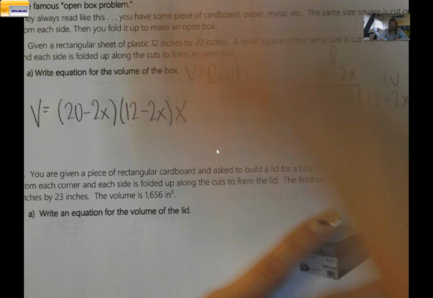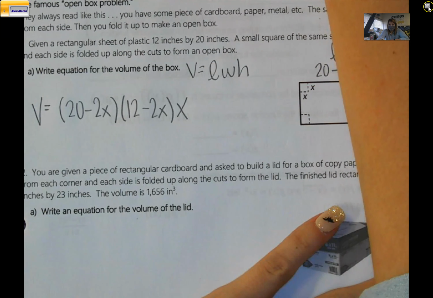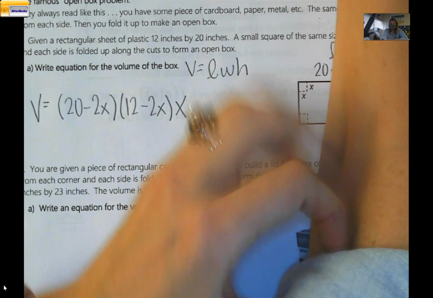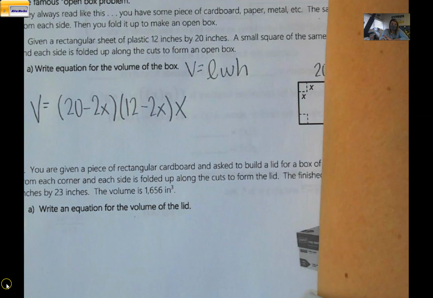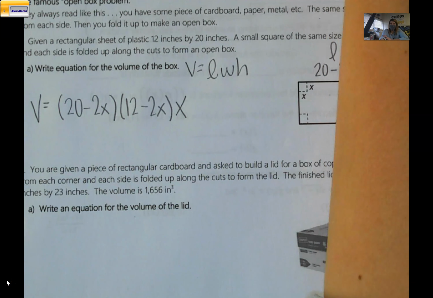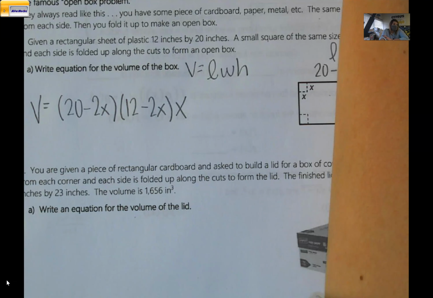Yeah, I think maybe just let you try it. True? Probably. Okay, because your last problem is this open box problem, if you have questions, I'll come help you. But you're doing quiz, what quiz are we doing? 3-2.